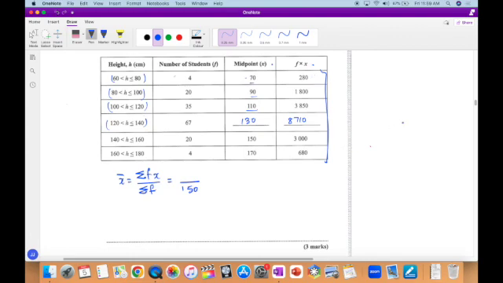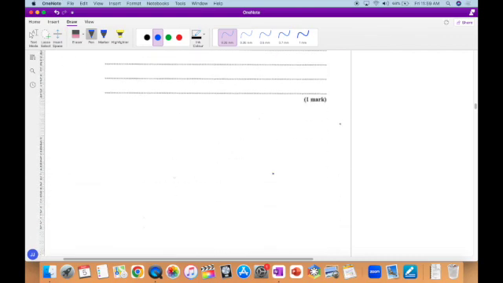When we add up 280 plus 1,800 plus 3,850 plus 8,710 plus 3,000 plus 680, that gives us about 18,320, and 18,320 divided by 150 gives us a mean of about 122.13. So this is the mean or the average height of the students in the class.